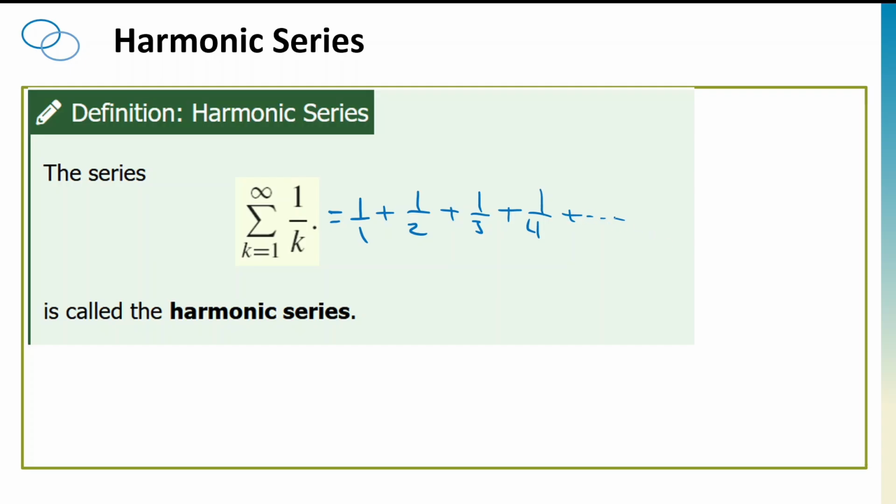It's decreasing, but it adds up to infinity. It's just not easy to see, since the numbers are getting smaller, so they call it slowly divergent. So anytime I see 1 over k, I know directly it's a harmonic series and it's divergent.